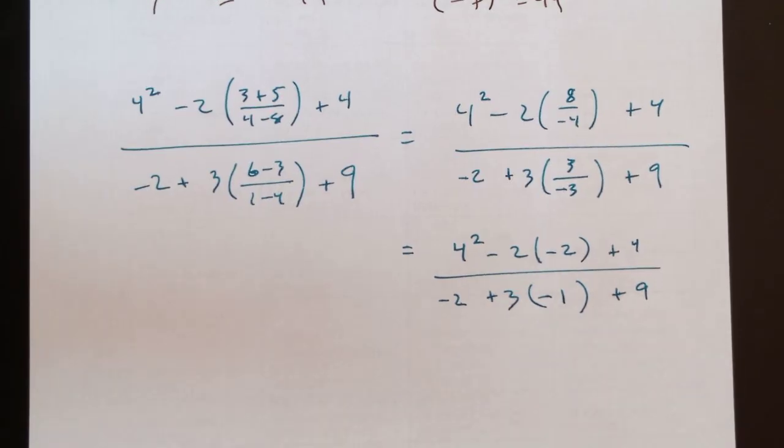By the way, why do I multiply a negative and get another negative, or multiply a positive by a negative? I want you to think of negatives on a number line. I have positive numbers to my right, negative numbers to my left. So when I multiply by a negative, I turn around.